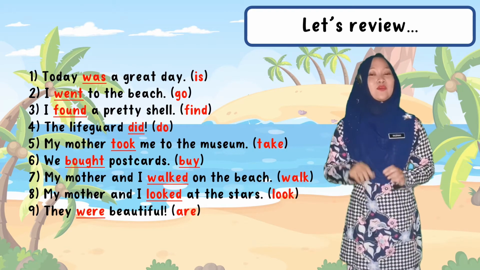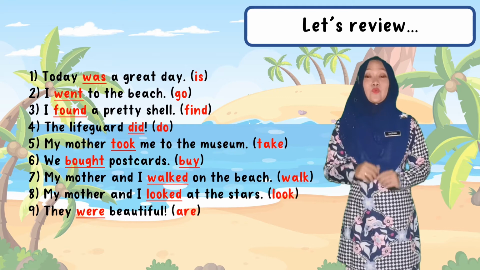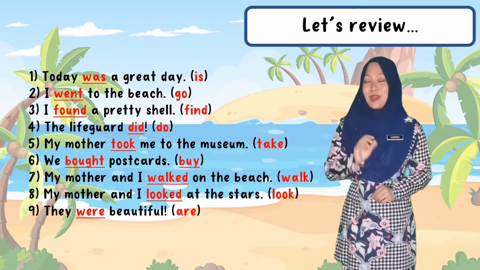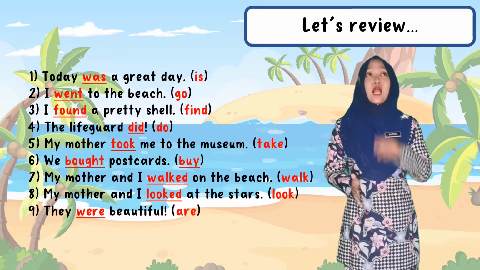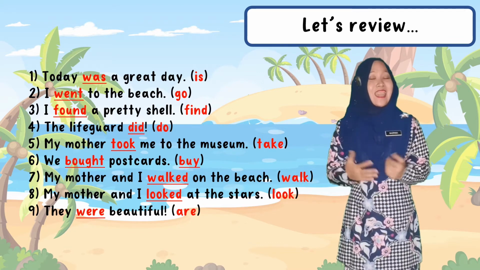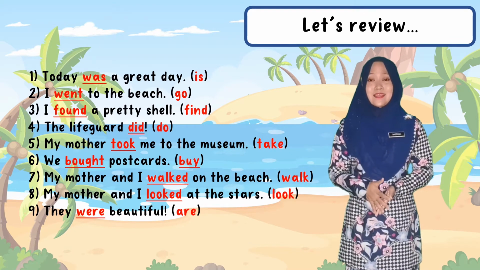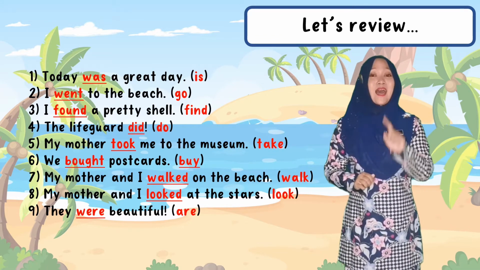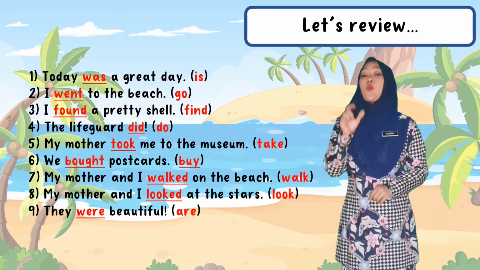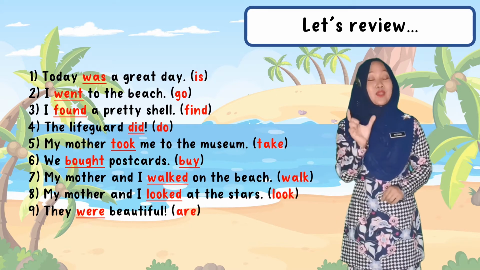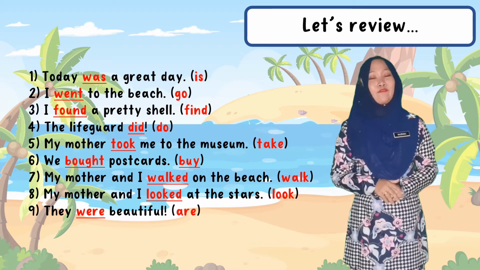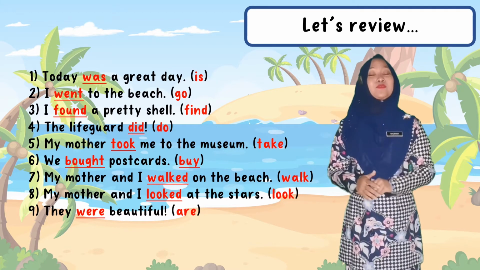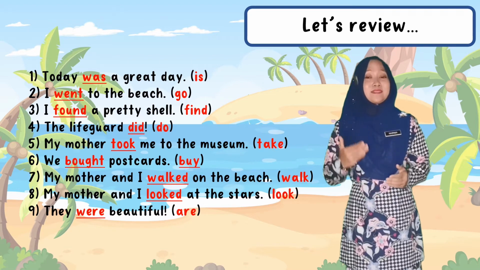Let us look at the word looked with ed at the back. Looked is the past tense form of the verb look. And the last one is they were beautiful. I want you to look at the word were. Were is the past tense form of the verb are. I hope you still remember the past tense form.